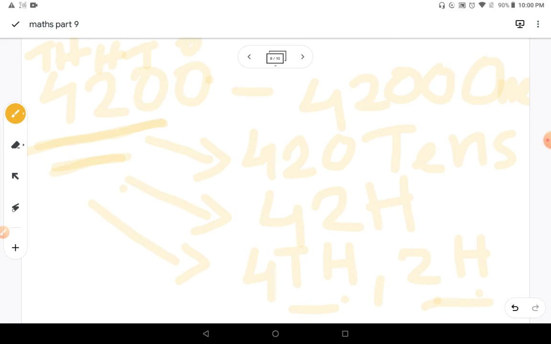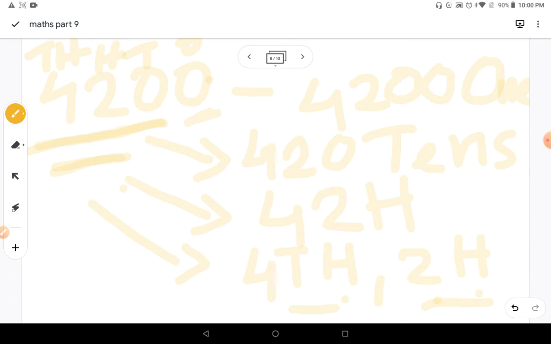So 4200 you can represent in these many ways. 4200 ones. Any number can be represented as that many ones. Then tens: if the place value of ones is 0, you can represent any number in that many tens. Just cut off that place value and you get the remaining.